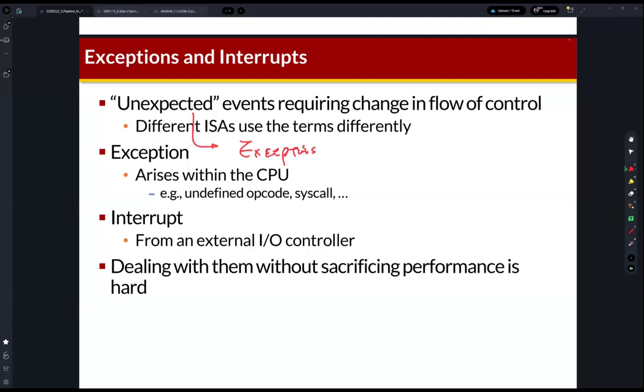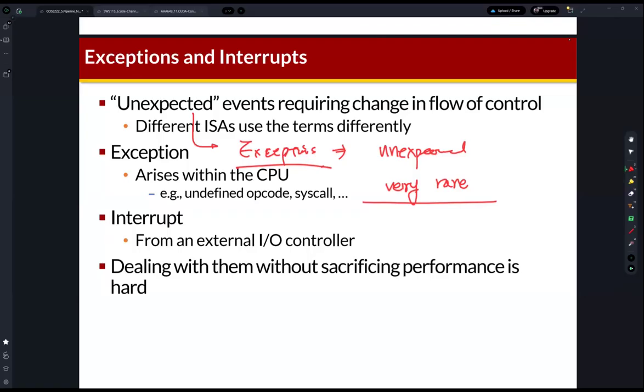So you can just understand that exceptions are unexpected or very rare events.